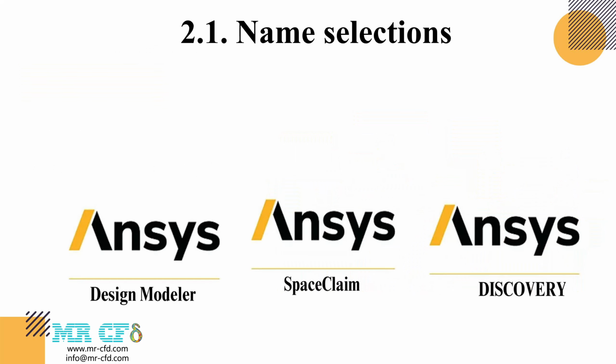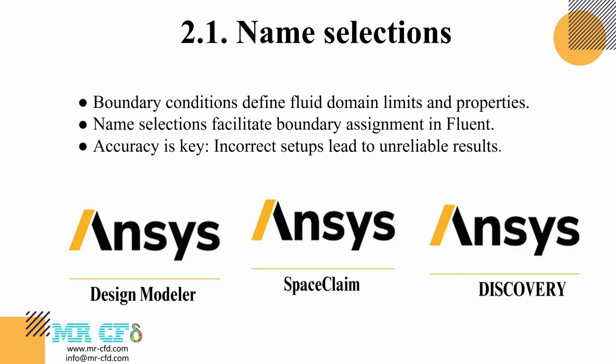Before we dive into the specifics of creating boundary conditions and name selections in your CAD software, let's understand why this crucial step is essential for successful Fluent meshing. Properly defining boundary conditions tells Fluent where your fluid domain begins and ends, specifying the physical properties and interactions at those boundaries, like inlets, outlets, walls, and symmetry planes.